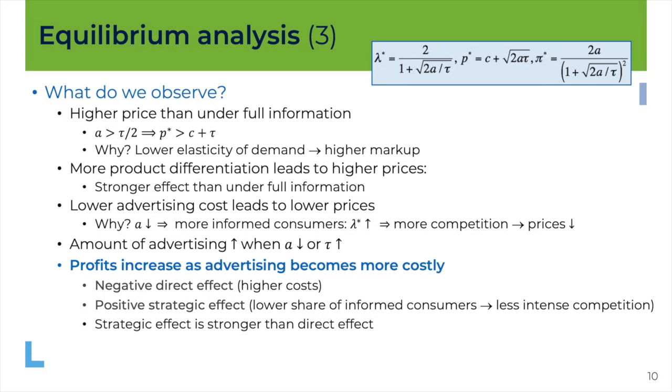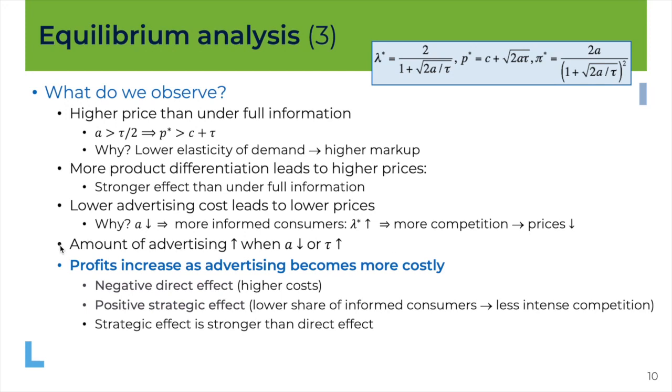Now what happens if advertising becomes less costly? Well, this will naturally drive firms to advertise more. But if they advertise more, there will be more informed consumers who know about the two products, and we know that these consumers have the effect that the two firms compete more in prices. Okay, and so prices will decrease at equilibrium.